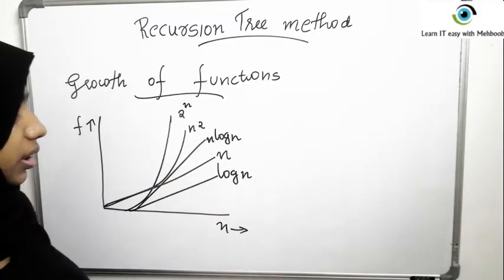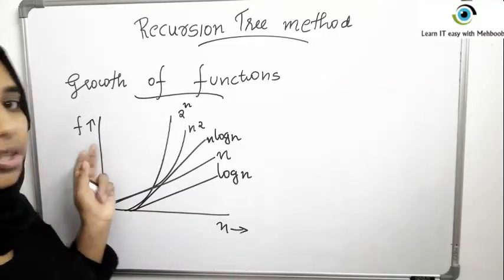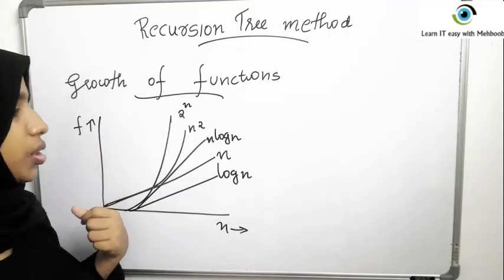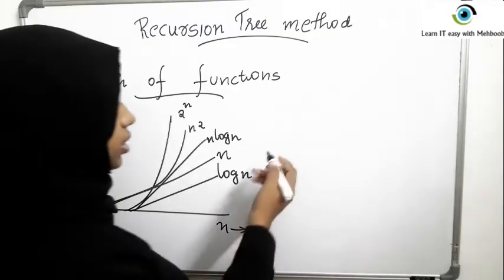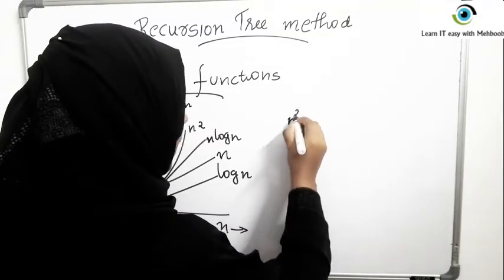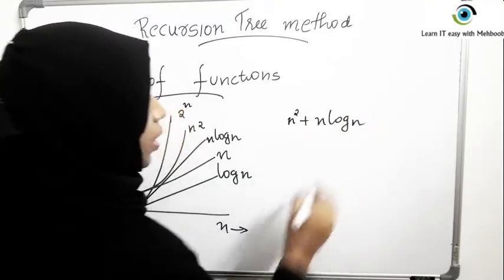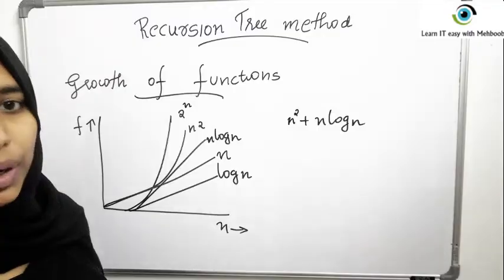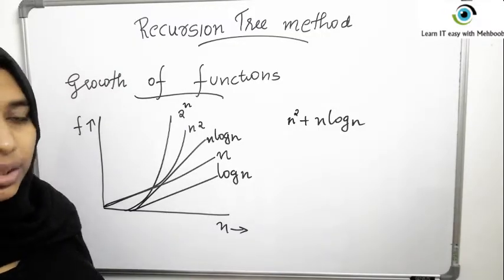That is, this is the input size on the x-axis and this is the function growth on y-axis. So the requirement of this is, if you are getting something like n square plus n log n while doing complexity analysis, we always take the highest power term of n, or highest value term of n, isn't it?